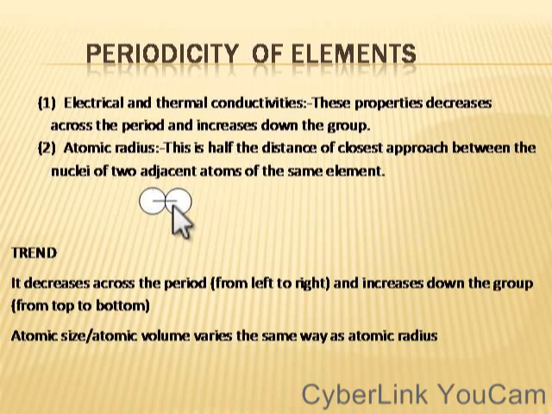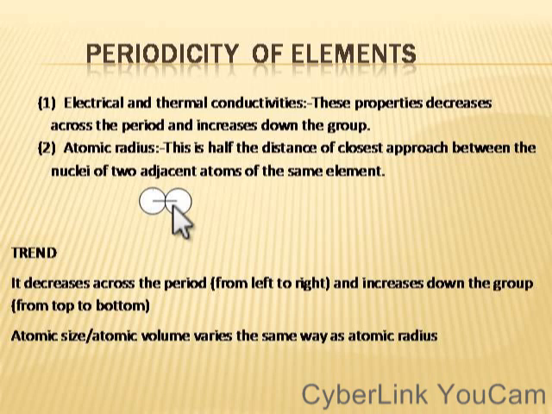Now, we say it increases down the group. That means from the top to the bottom. The reason is because as we go down the group, the number of shells increases.